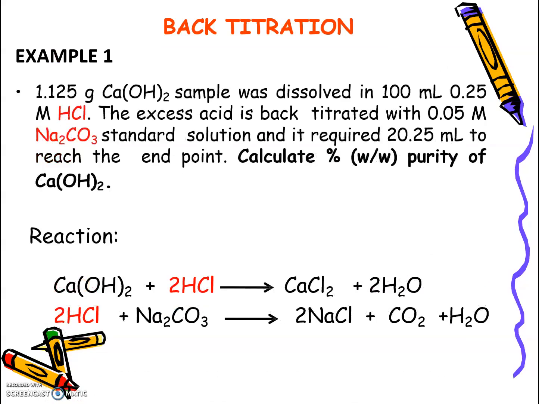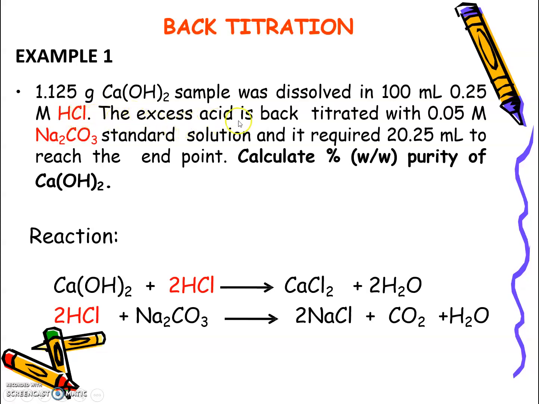Okay, we look at the first example. 1.125 gram calcium hydroxide sample was dissolved in 100 ml 0.25 molar hydrochloric acid, HCl.